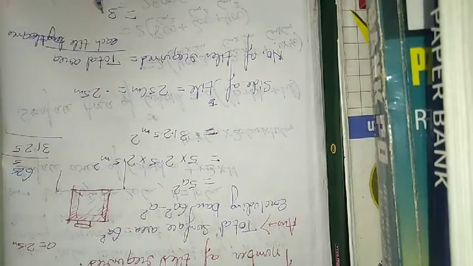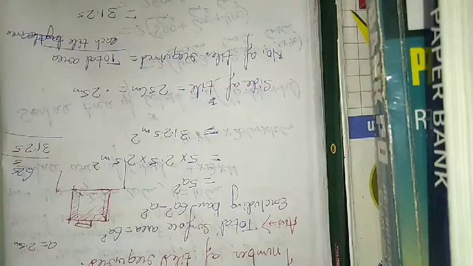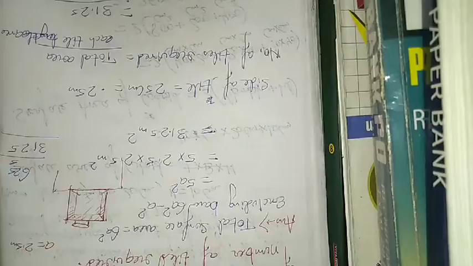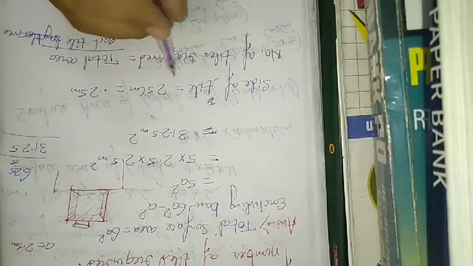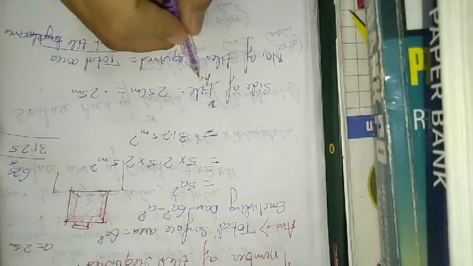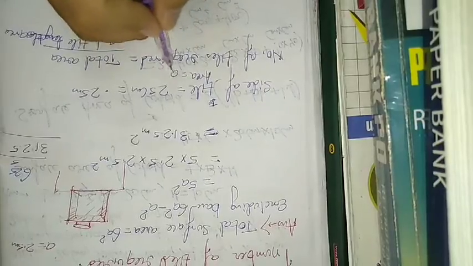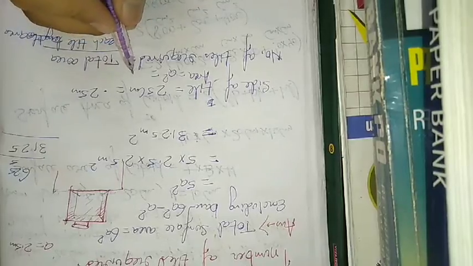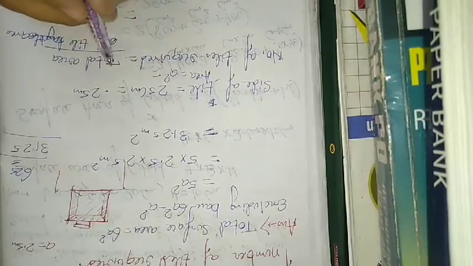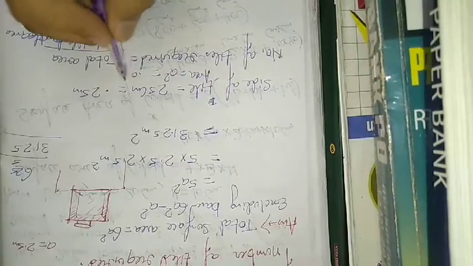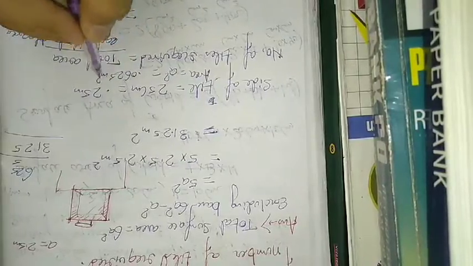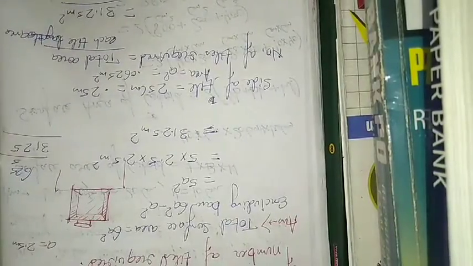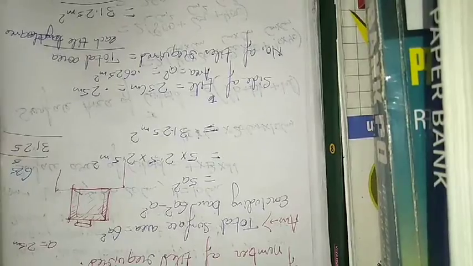So total area is 31.25 divided by the area of the tile. That tile is also a square tile, so the area will be a square, which means 0.25 whole square. 25 whole square is 625, so 0.0625 meter square. Correct?